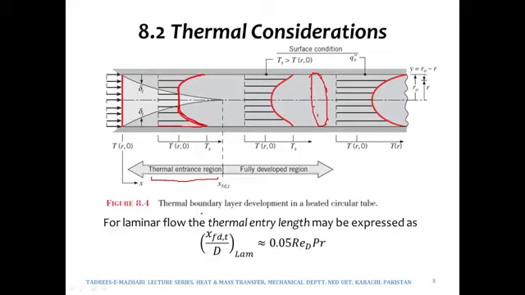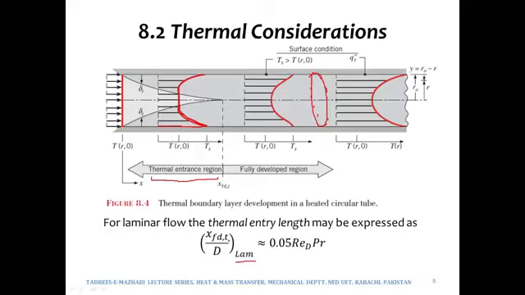Now this is the expression that we have already gone over, that in the case of laminar flow, hydrodynamic entry length is 0.05 Reynolds number times d, and it was for hydrodynamic considerations. But when we come on to the thermal considerations, kindly note the difference, that over there previously we had it written as x fd h, and h was referring to hydrodynamic entry length.